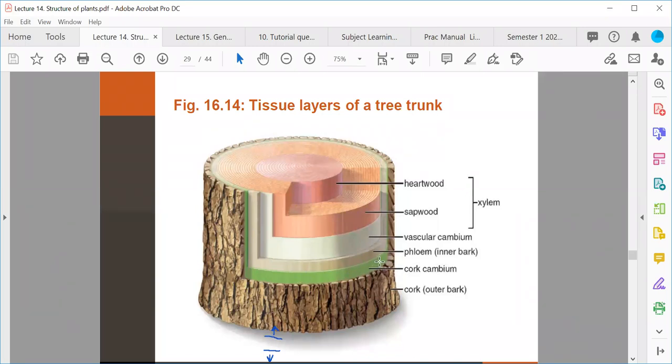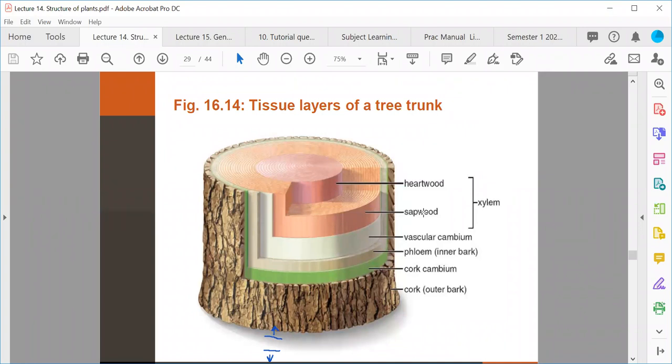To the inside of the cork cambium, we have the phloem, also referred to as the inner bark. To the inside of the phloem, we have the vascular cambium. That's our second meristem that we're looking at here. To the inside of the vascular cambium, this region here, is called sapwood.